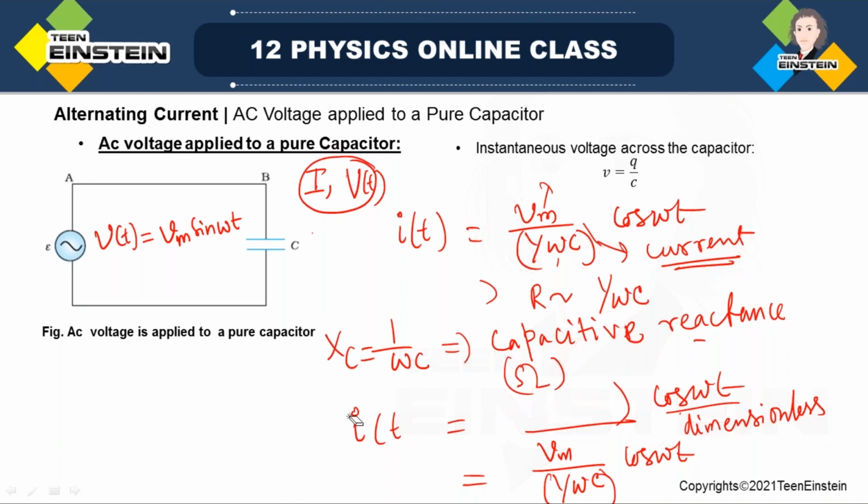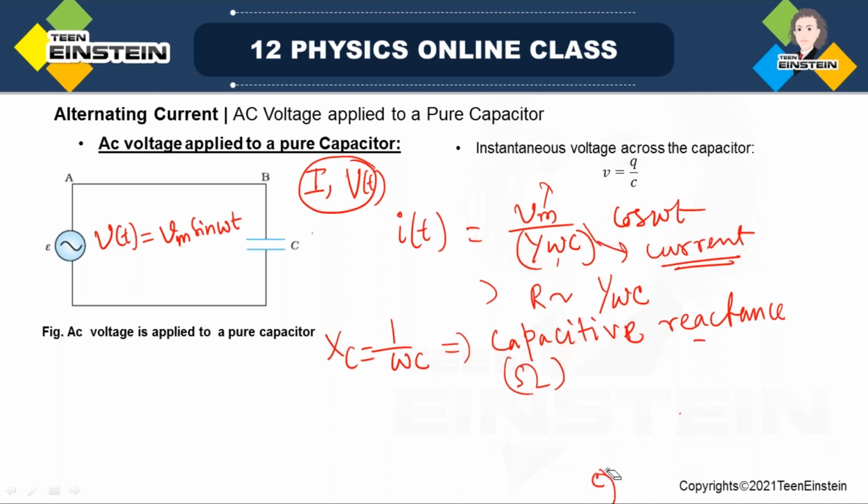One interesting thing you can see now is that from this equation we can easily explain why an AC signal or AC current does not get blocked by a capacitor, whereas DC is blocked by a capacitor.